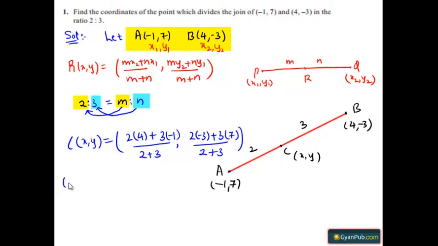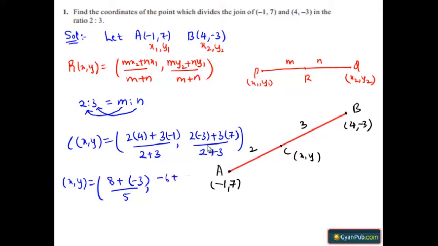So (x, y) equals 2 times 4 is 8 plus 3 times -1 is -3, whole divided by 2 plus 3 is 5, comma, 2 times -3 is -6 plus 3 times 7 is 21, whole divided by 2 plus 3 is 5.